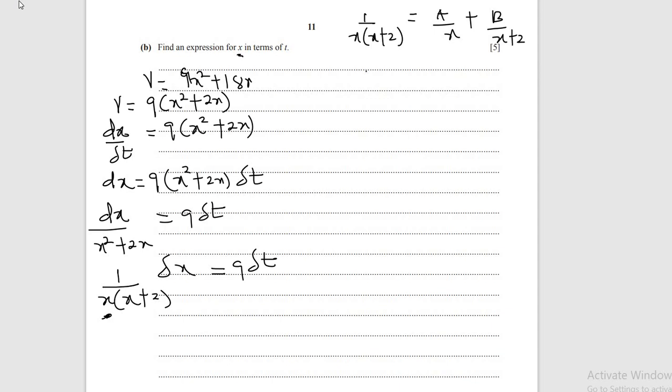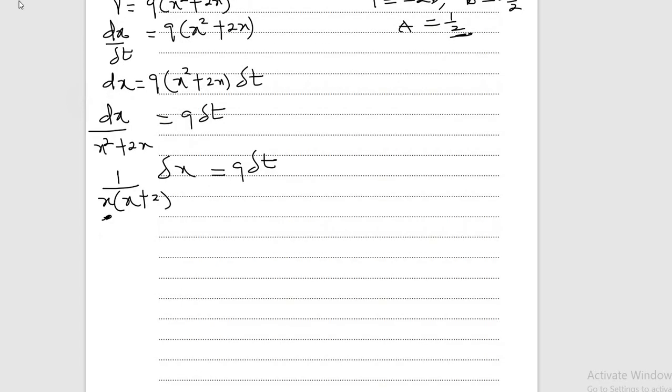At the end of the day, we have 1 equal to A(x plus 2) plus Bx. When x is minus 2, 1 equal to minus 2B, so B is minus half. When you substitute it back, you have A to be half. So A is half, B is minus half.